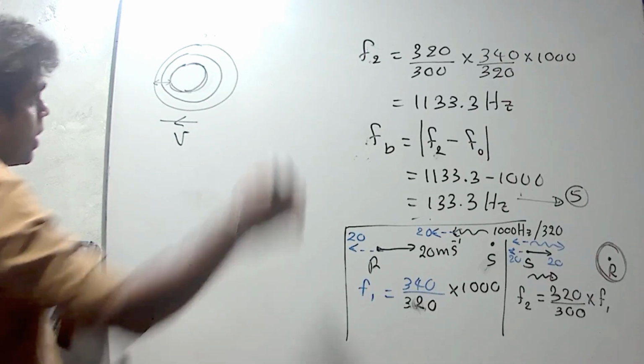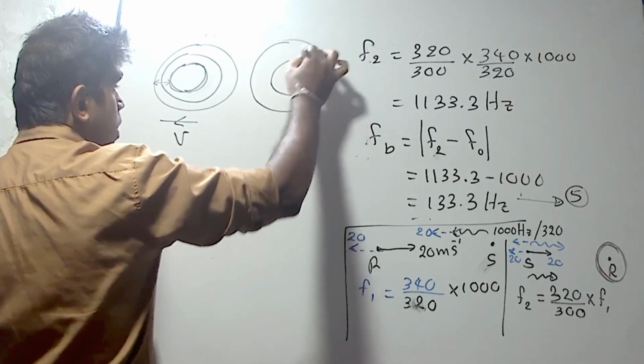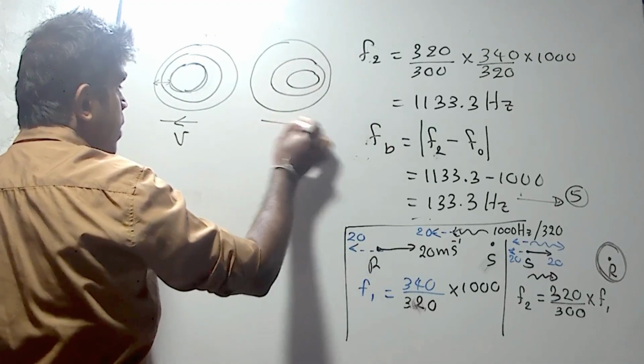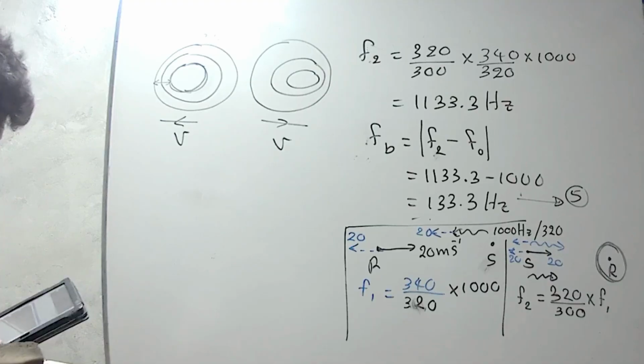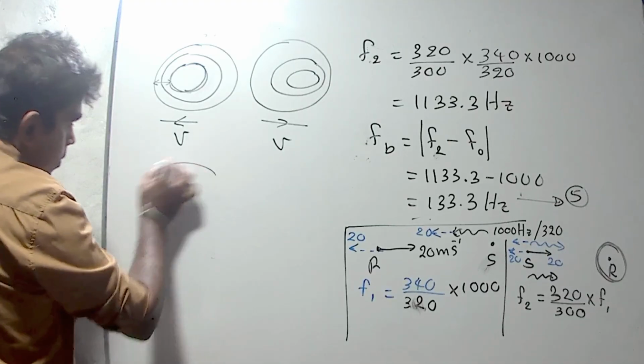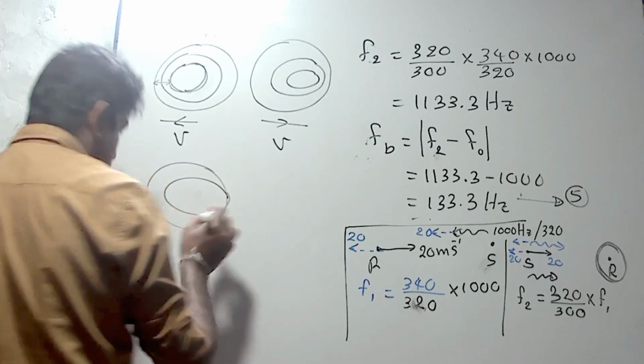In the opposite case, this source should be moving in the right hand direction. And for the third one, we can see a wave pattern like this.